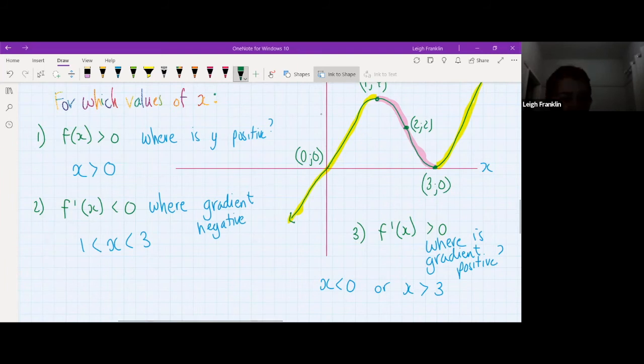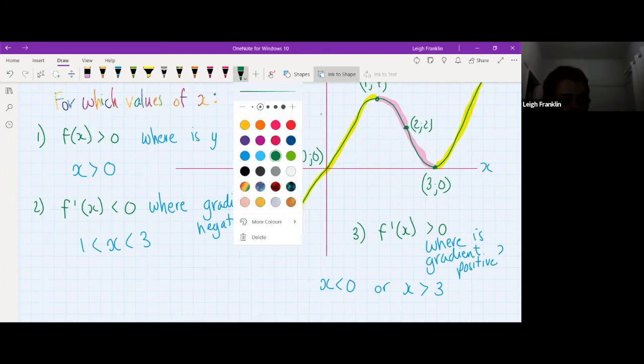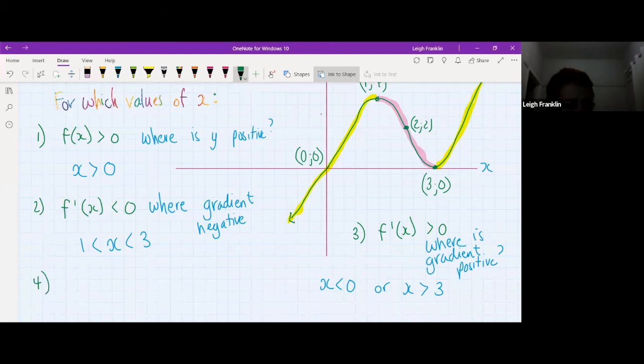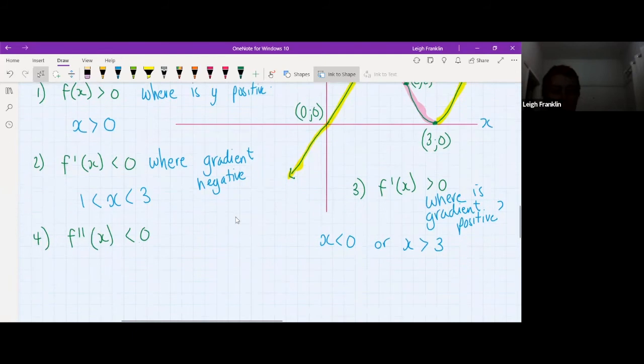So now question number 4. F prime prime x smaller than 0. What does that mean in plain language? Concave?